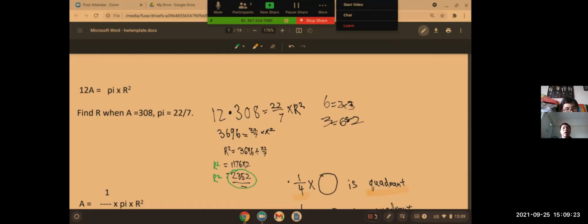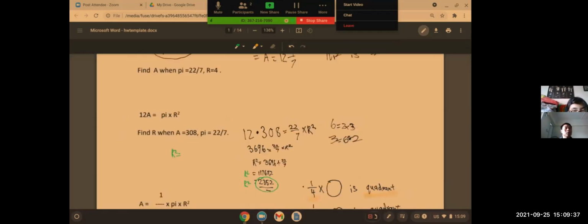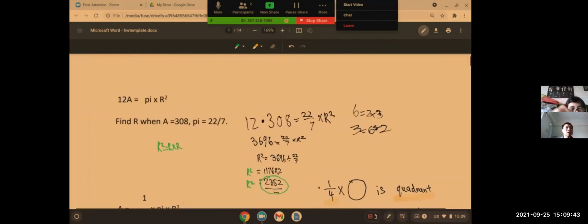What's the meaning of R squared, by the way? R times R. Good, write it down below R squared. You should write it below the R squared because you start it here. You don't want to write it elsewhere. Do you understand my point?